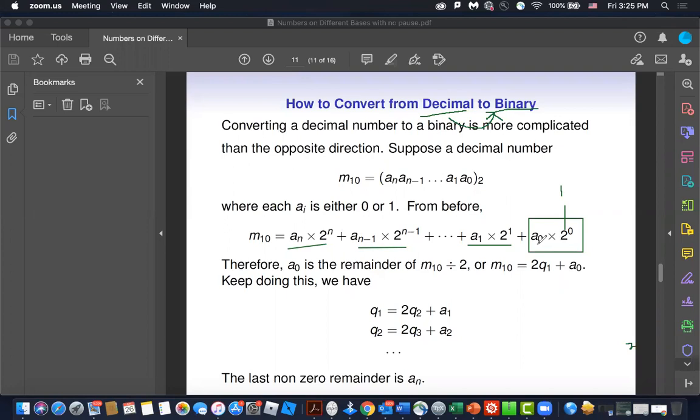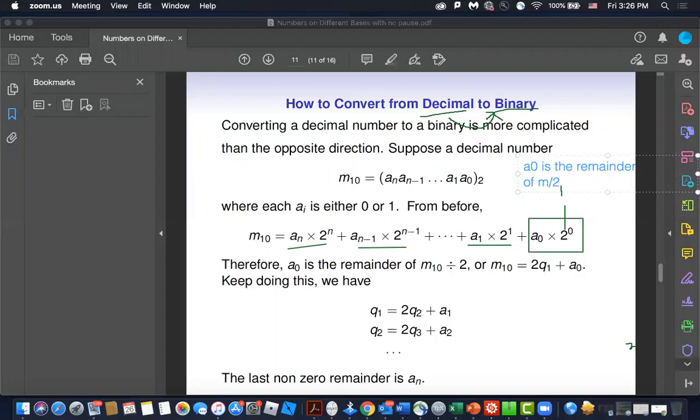Wait, let me write it down. Okay, so let's do it here. A sub 0 is the remainder of m divided by 2.